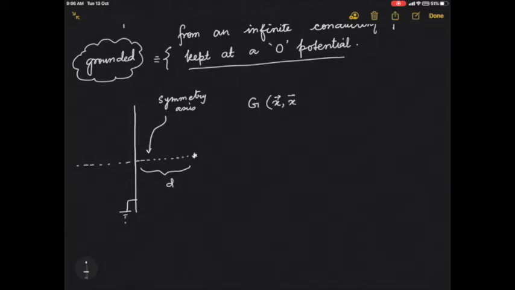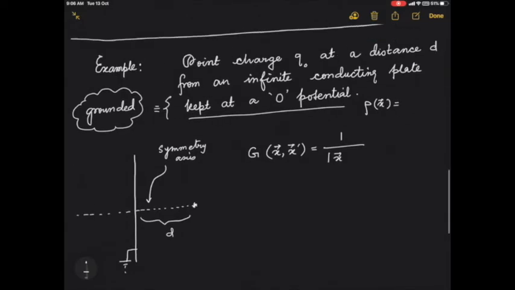What is G for this? So this is, by the way, the original problem. So I can write rho here.